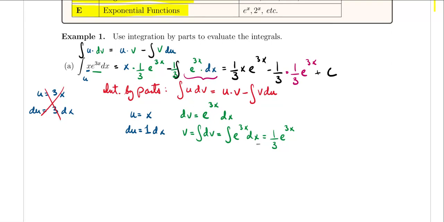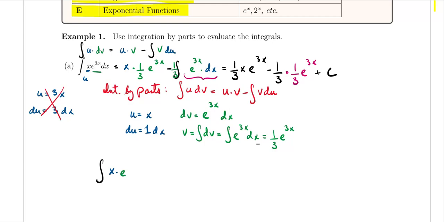Now notice here that when I performed the integral of dv, we didn't really add a plus c because, since we're going to be dealing with another integral here, at the end we're going to add a constant regardless. So there's no need to include the c whenever you're evaluating the integral of dv.